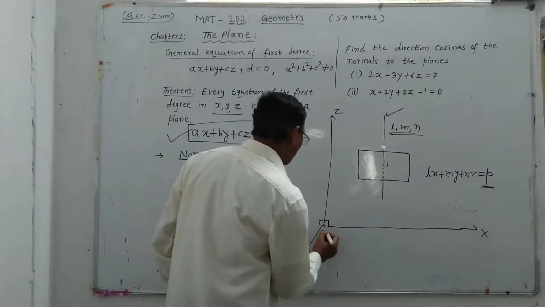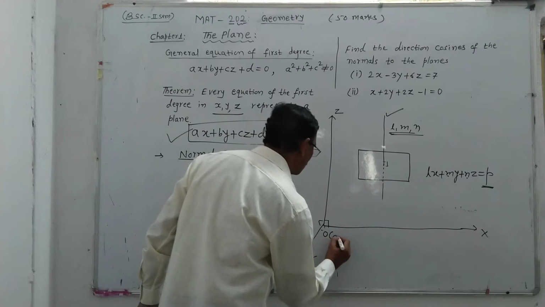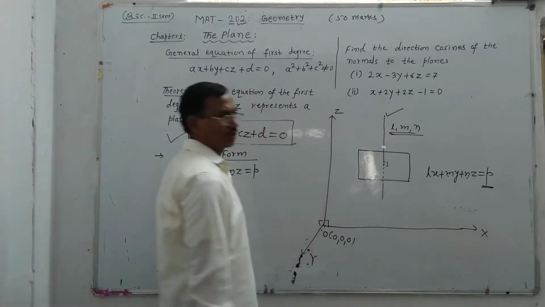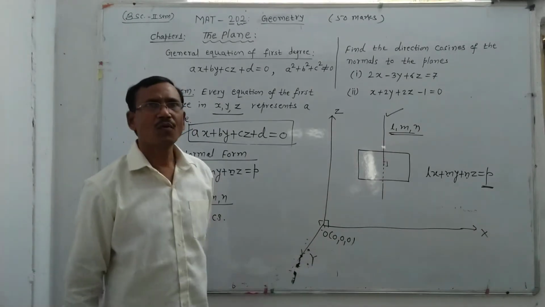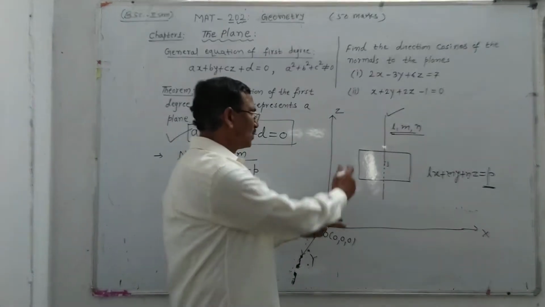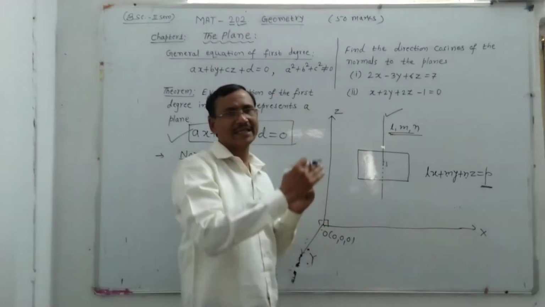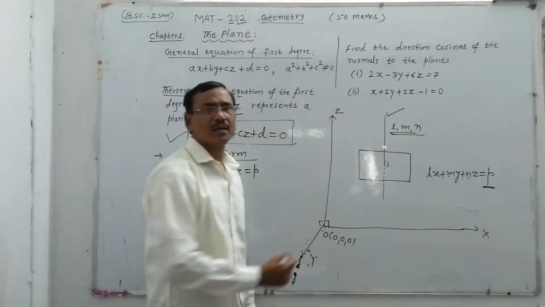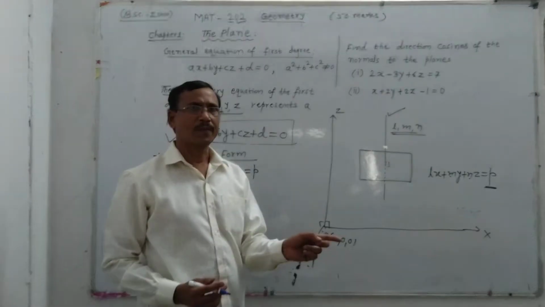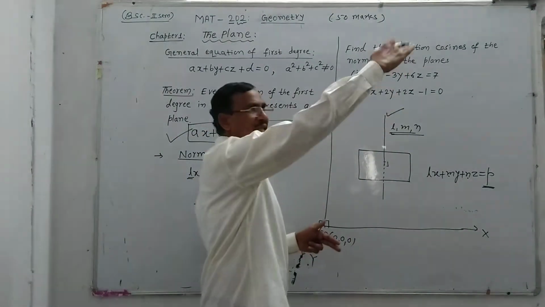Then draw the perpendicular. This is the origin O (0, 0, 0). Draw the perpendicular from the origin to the plane. This plane is in space. It is three-dimensional geometry.